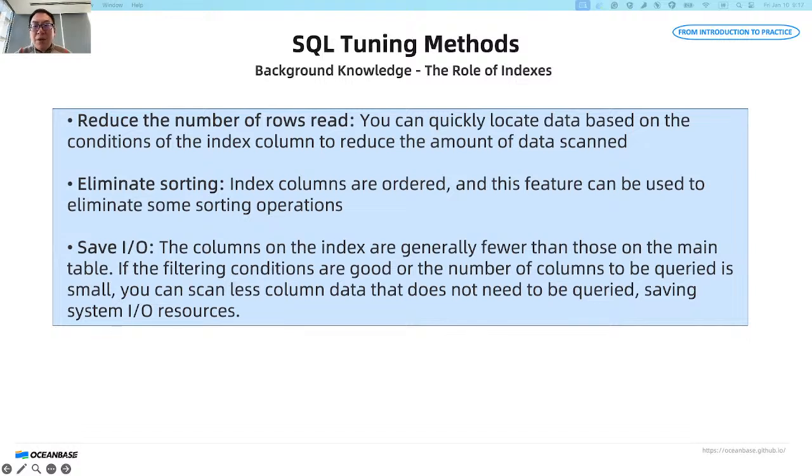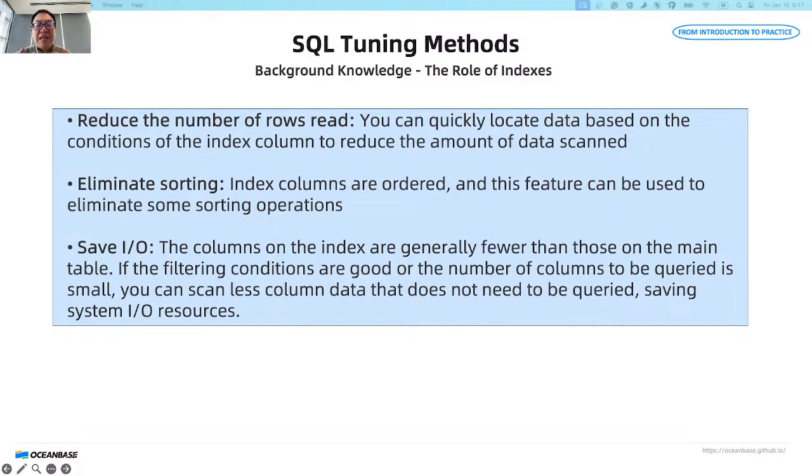When scanning, you only need to scan from the start to the end position, and there is no need to scan the entire table. The data between the two positions is the data that meets the filter conditions on the index column. The start to the end position of the index scan is called the query range in OceanBase.